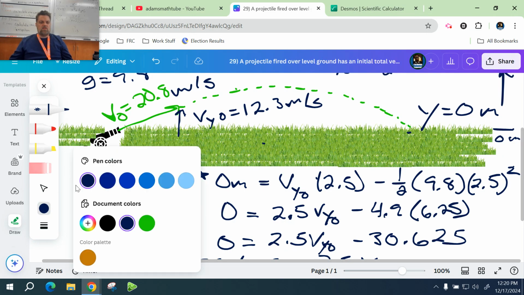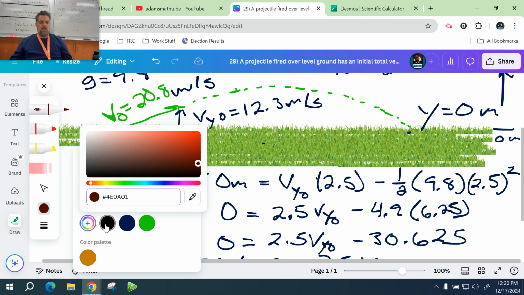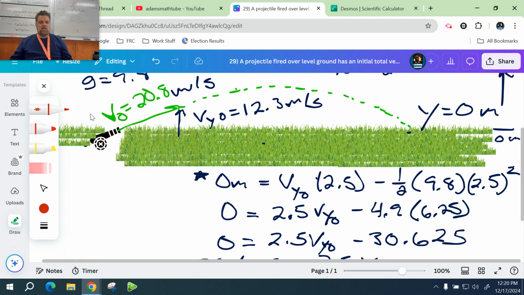And what we really want is the x. The x naught. So remember that the relationship between these is that V naught squared is equal to Vx naught squared plus Vy naught squared.